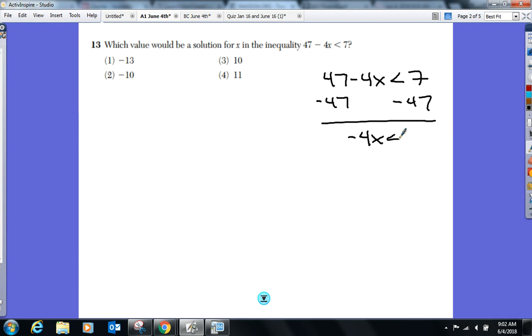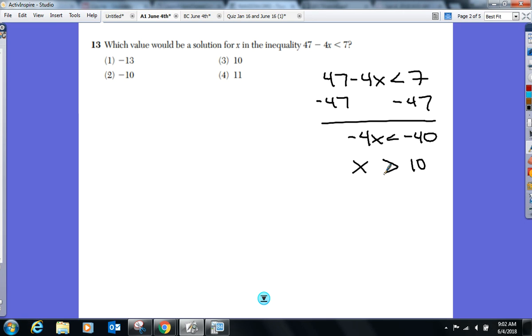Less than. Okay, next step. X, what do you get on this side? 10, but what did you just divide by? What's the rule with a negative divided by a negative in the inequalities? Flip the sign. So x has to be greater than 10.